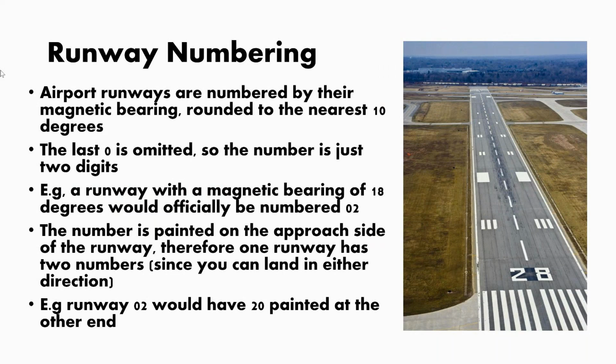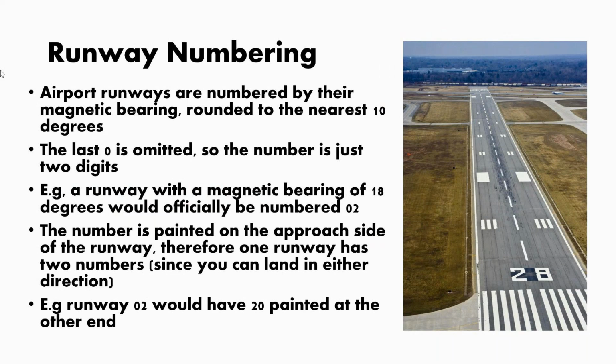So if I take off on runway 28, I'm taking off into a compass heading of 280 degrees on my compass, rounded to the nearest 10 degrees, right? So if I'm building a runway that's pointing at 282 degrees, then I would just round it to the nearest 10, so 280, and then chop off the last 0. So that would be runway 28.